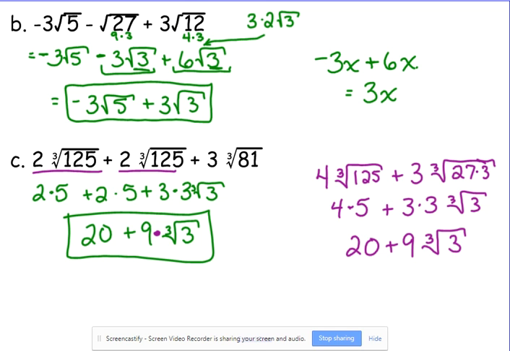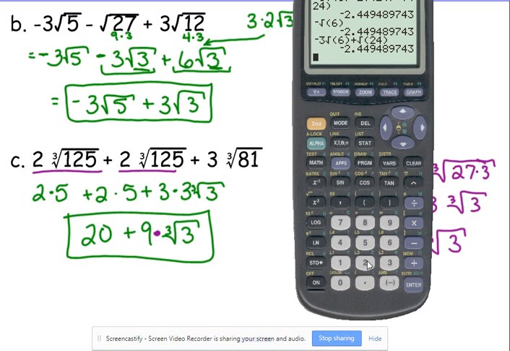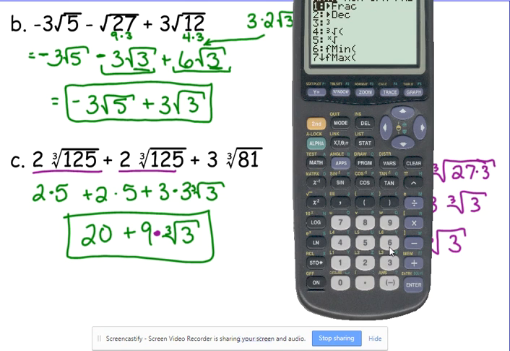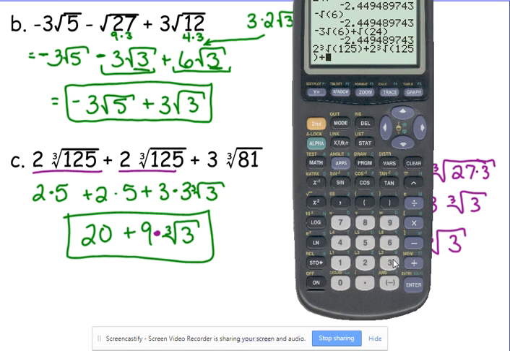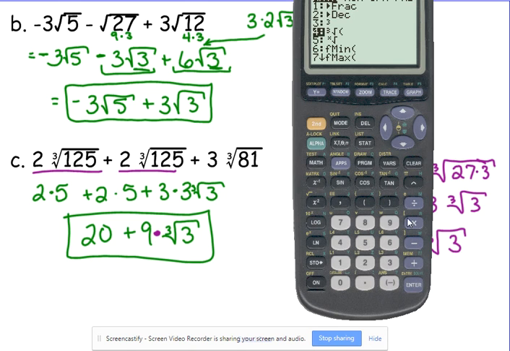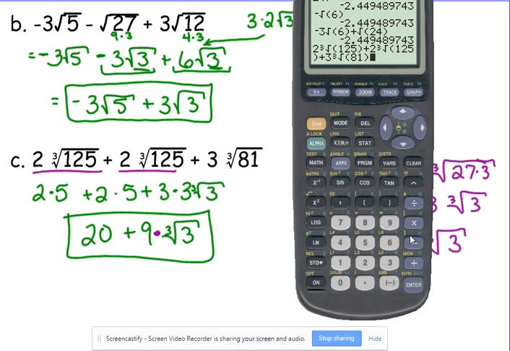And again, if you have a question about it, just type it into your calculator to check. Okay, 2 cube roots, this one will take me a minute, cube root of 125 plus, whoops, forgot to close my parentheses. That would not be good. 2 cube root 125 plus 3 cube root 81.